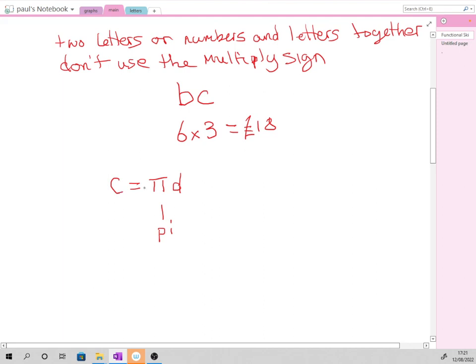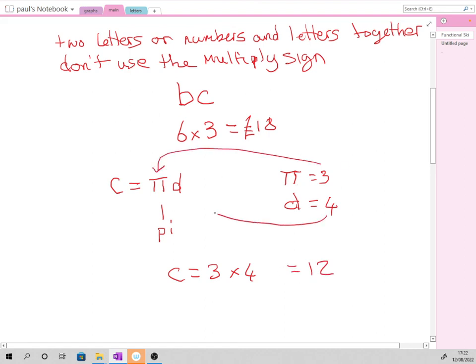C equals pi d, because that is a proper formula that we'll come across later on. If we're going to work out the value of C, we need to know what pi is and what d is, and we multiply the two together. So if pi for this exercise equals 3 and d equals 4, then C equals 3 times 4, which equals 12. All you're doing is putting the 3 in place of the pi and the 4 in place of the d, and multiplying the two together.